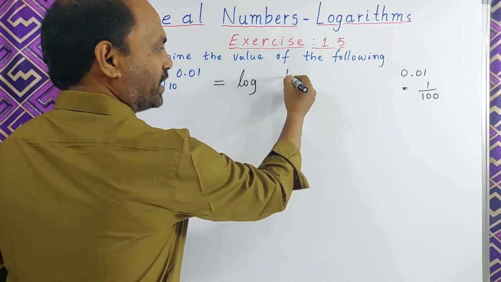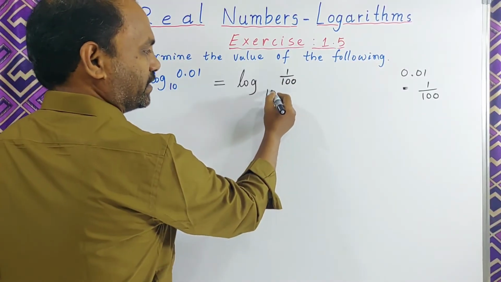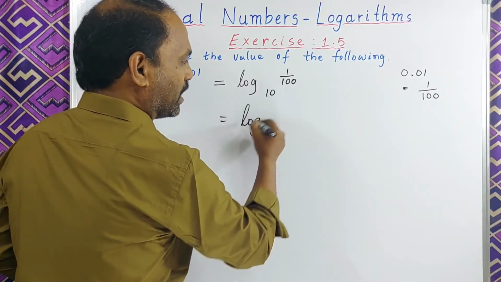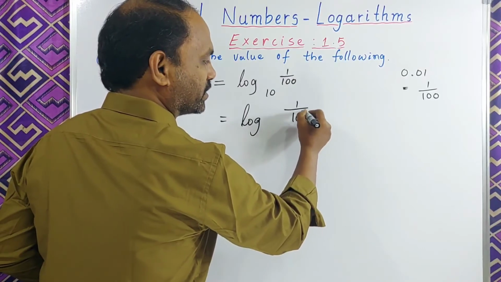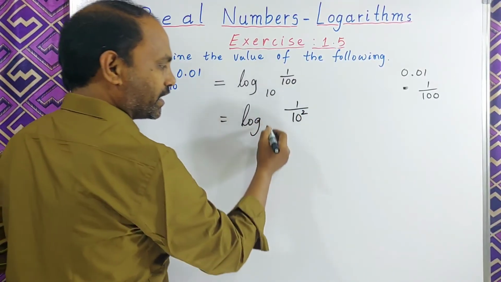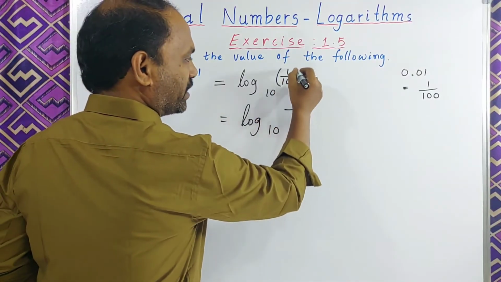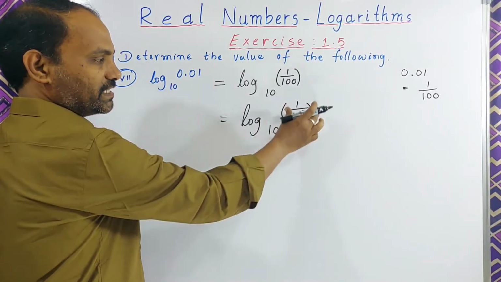So 1 by 100 to the base 10. Now log 1 by 100 can be written as 10 square, again to the base 10. For your convenience, I will use a bracket here, so there is no confusion. This one is the logarithmic value.